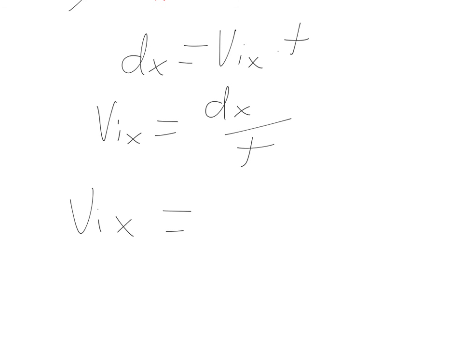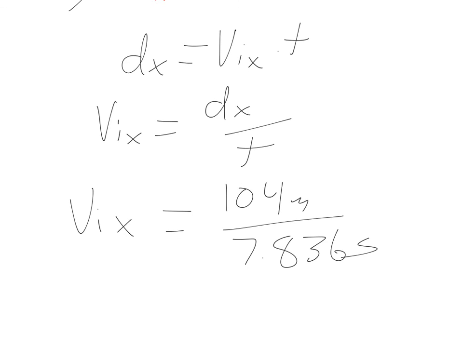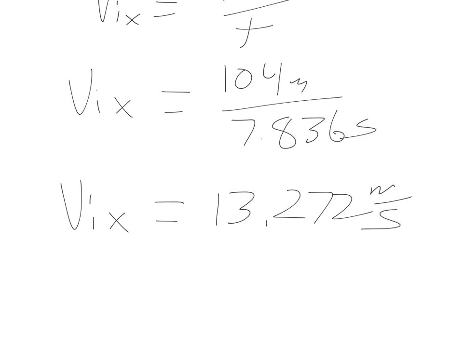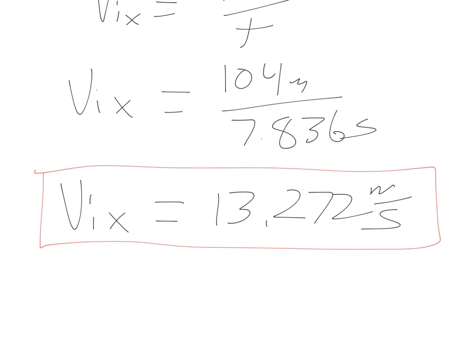VIX is equal to 104 meters divided by the time of 7.836 seconds. Throw that in your calculator, and I already have VIX is equal to 13.272 meters per second. And so how fast was this ball thrown off this cliff? At 13.272 meters per second.